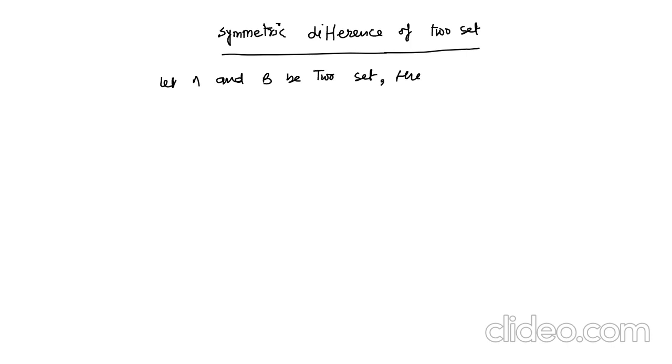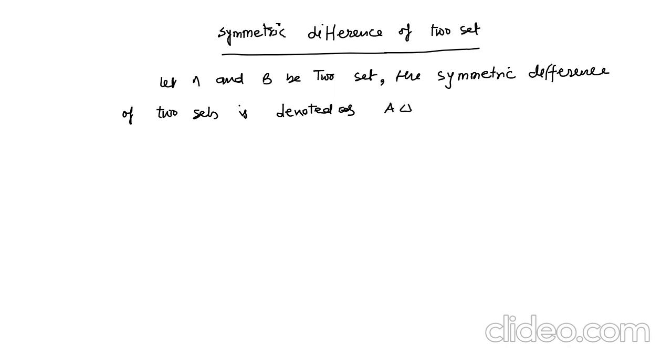The symmetric difference of the two sets is denoted as A symmetric difference B and defined as A symmetric difference B is equal to A minus B union B minus A.